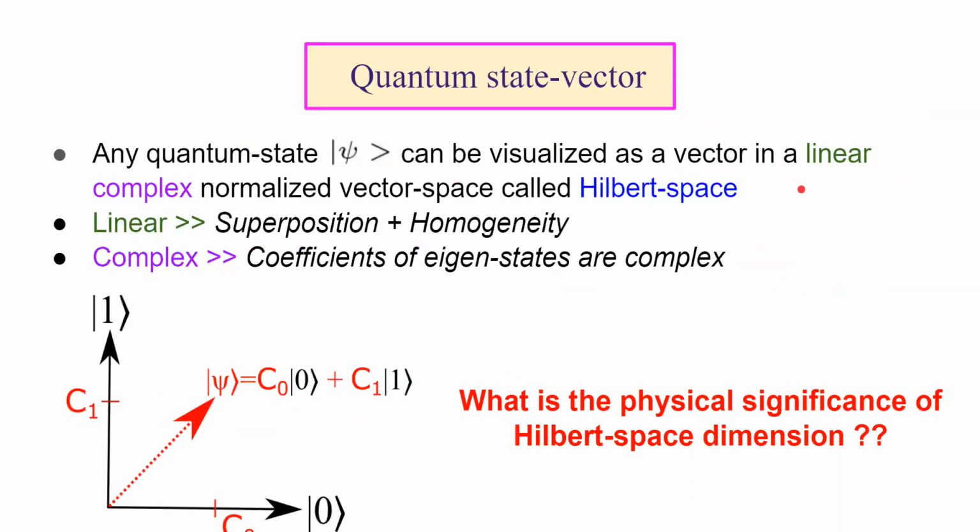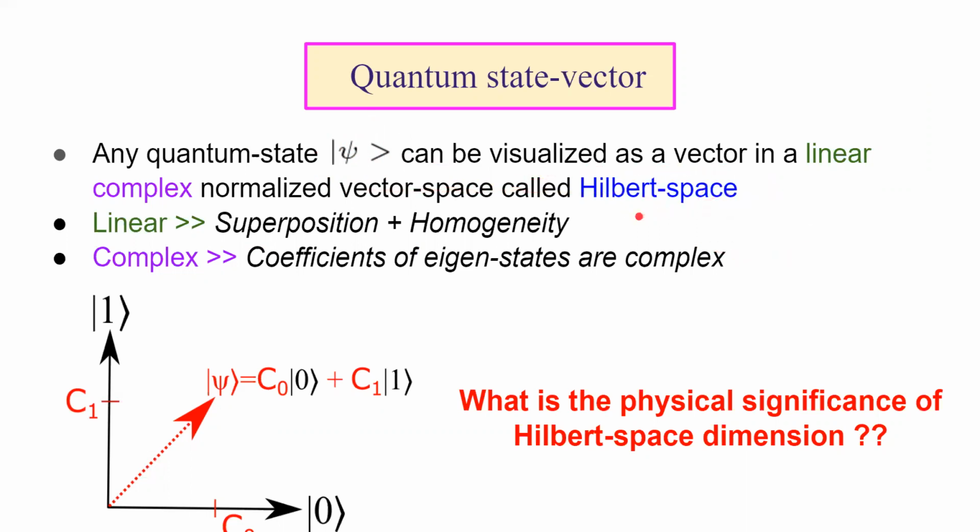Any quantum state psi, this is basically a ket notation. I will explain later on what this actually is. For the time being, just consider this to be a vector. So any quantum state can be visualized as a vector in a vector space called Hilbert space.